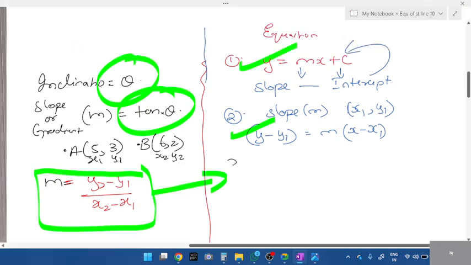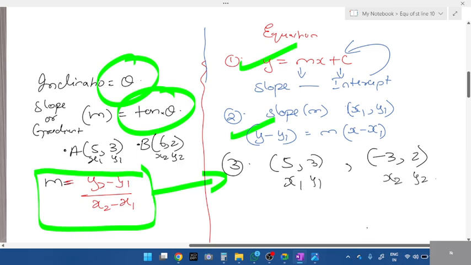Third one. When 2 points are given, something like 5, 3 and minus 3, 2, you can take x1, y1, x2, y2. Next, we use this formula along with this.